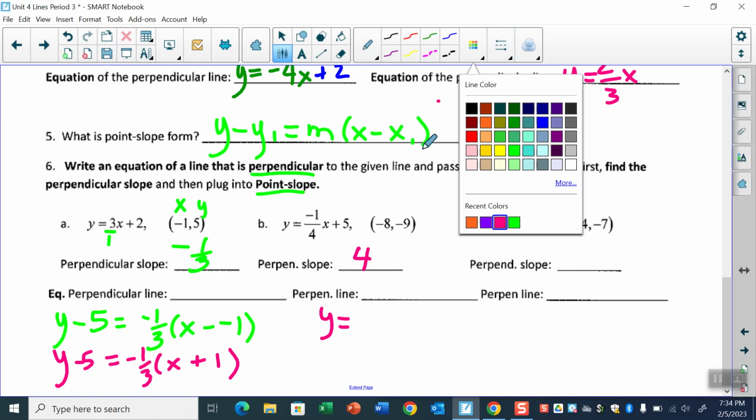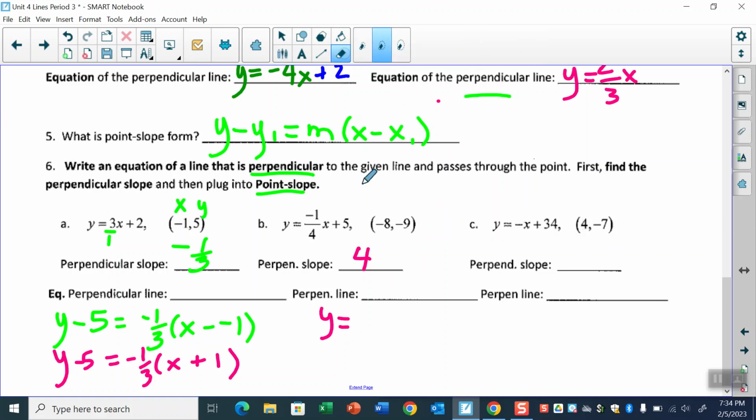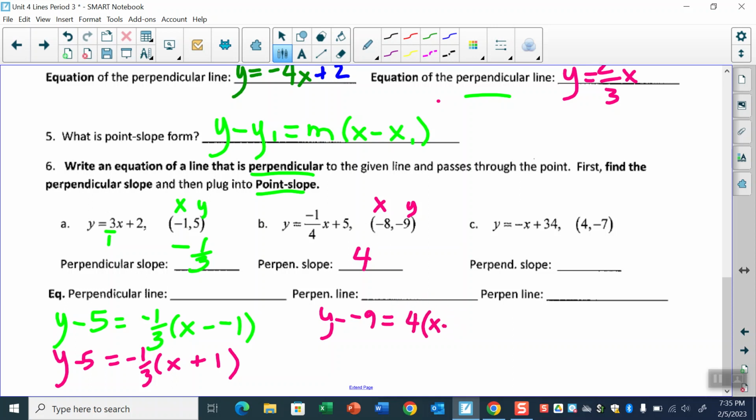I want to do my point slope form. So y minus, here's my y coordinate, so negative 9 equals, and then my slope is 4, x minus, and my x coordinate is negative 8.